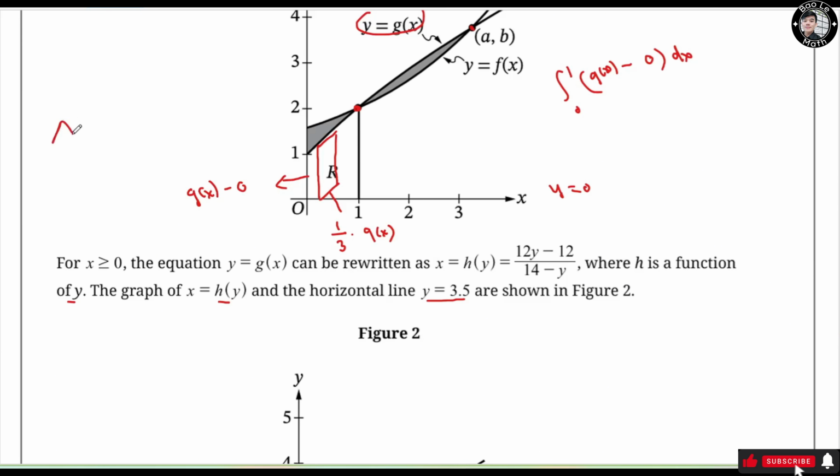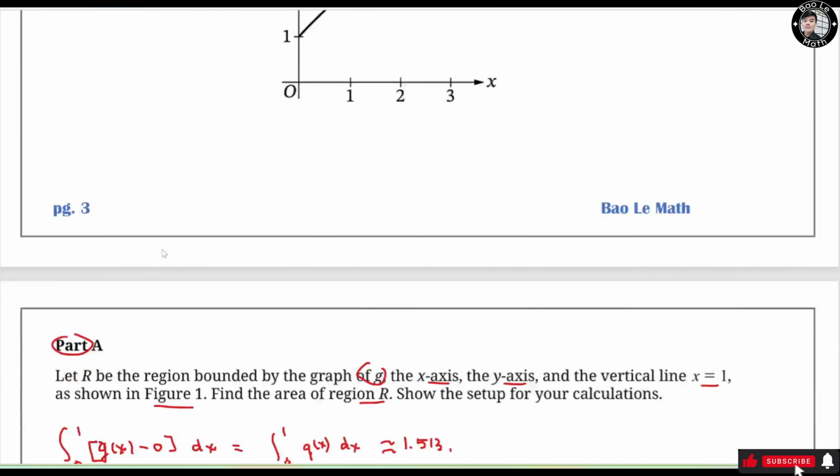So the integral from 0 to 1 of length times height: g of x minus 0, times 1/3 times g of x, dx. I copy this one down over here.